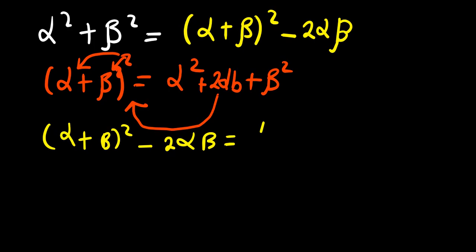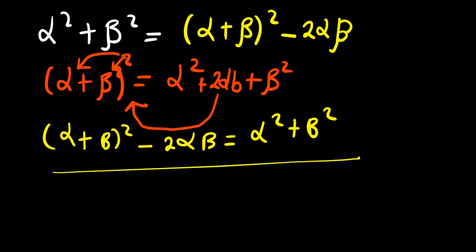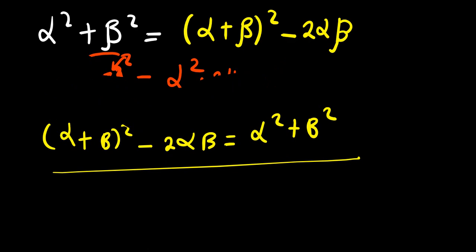This should be equal to alpha squared plus beta squared. This is where the top expression is coming from. So that's how they came up with that one. You might not need it, but I've just shown you how you derive that one in case you forget. They're just the same.